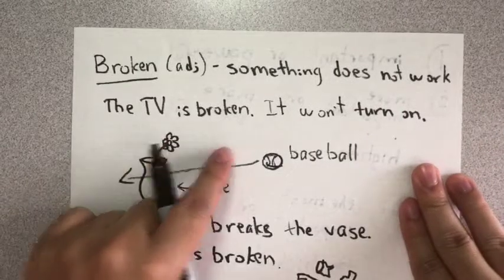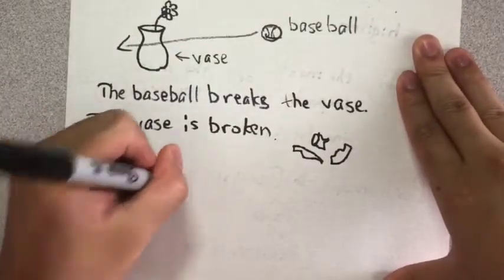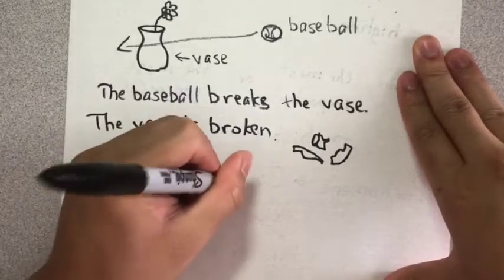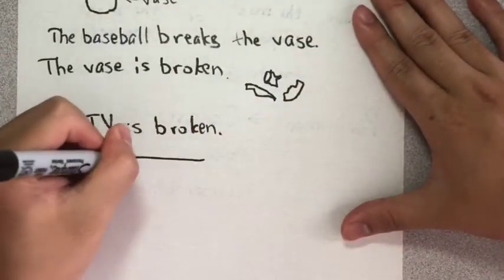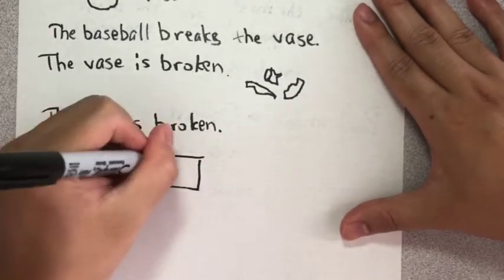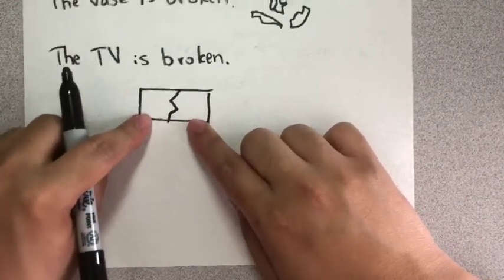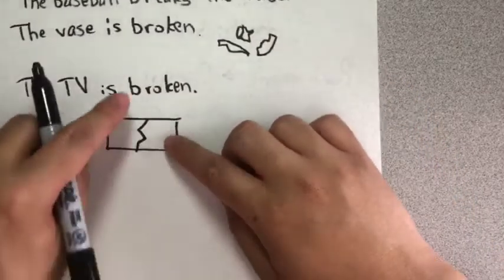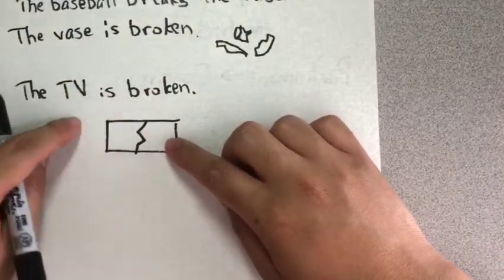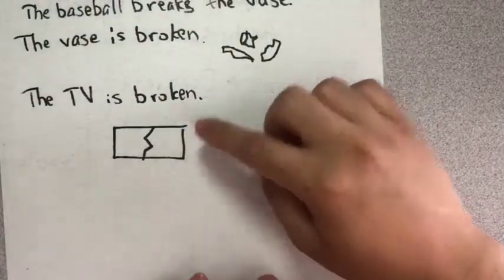We can also say the TV is broken because the TV was on the wall, but it fell off the wall. So now it's broken into two pieces. It's like the vase. It broke into a lot of small pieces. The TV fell down onto the ground and broke into two pieces. The TV is broken.